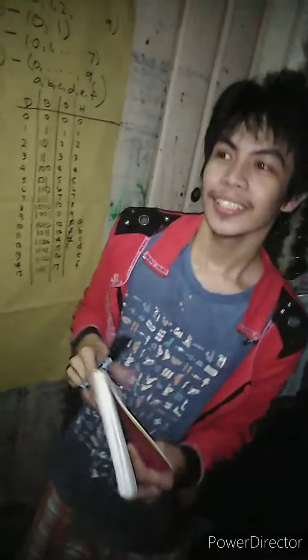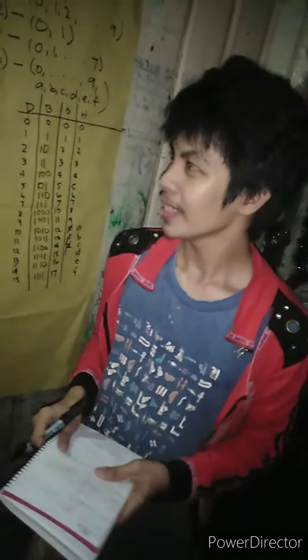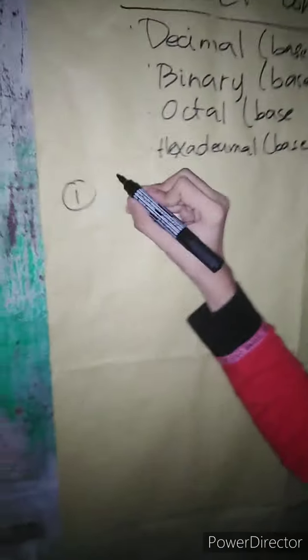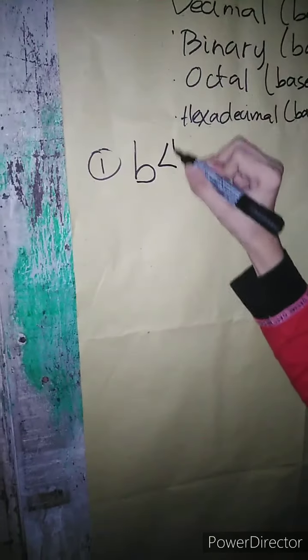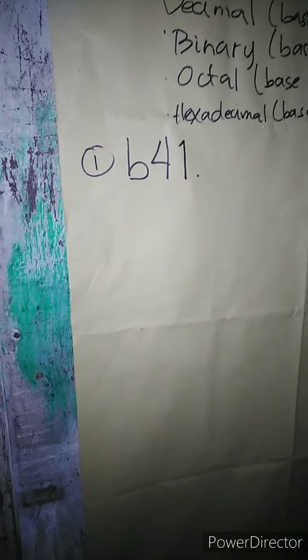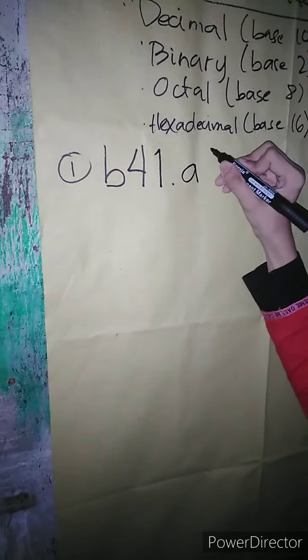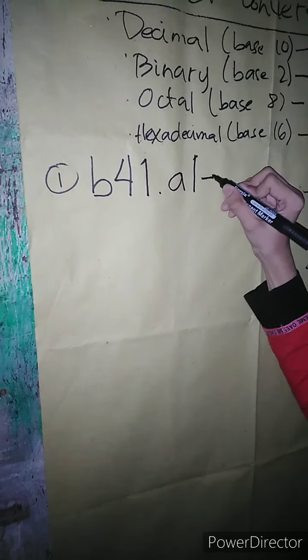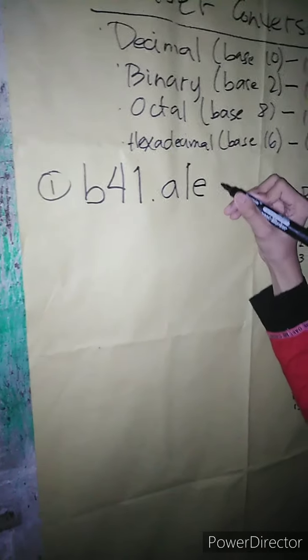So, to make you understand more about this number conversion, here is one example. We have this hexadecimal number B41.A1EAB16.